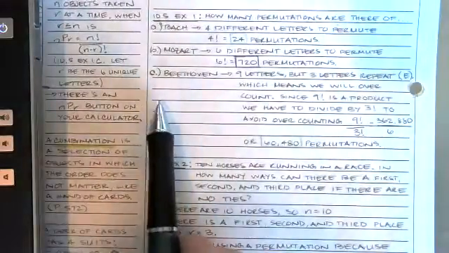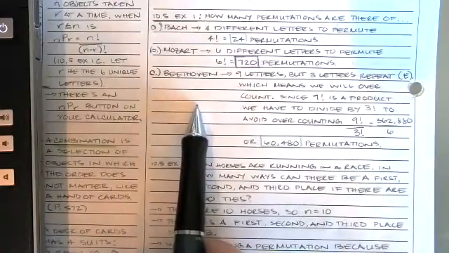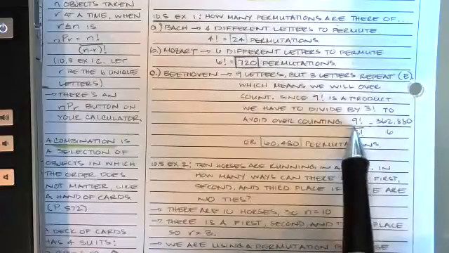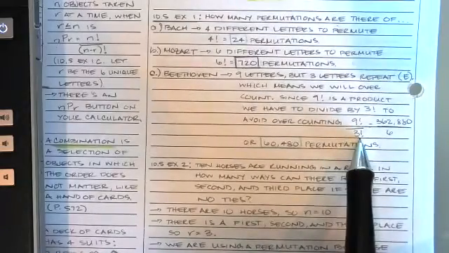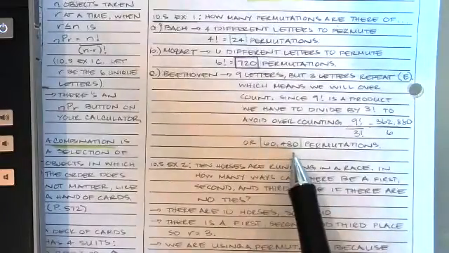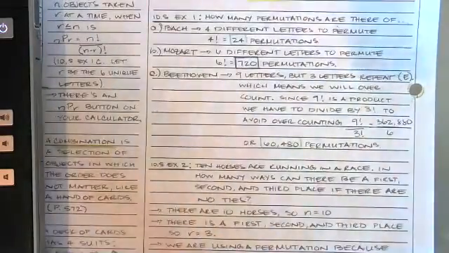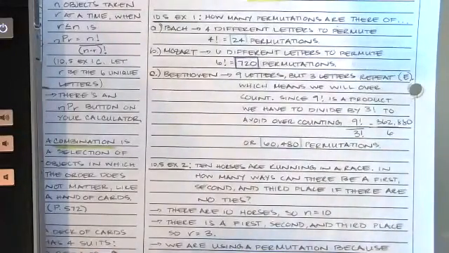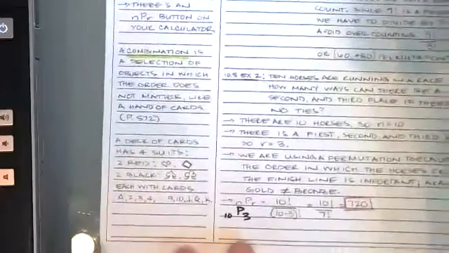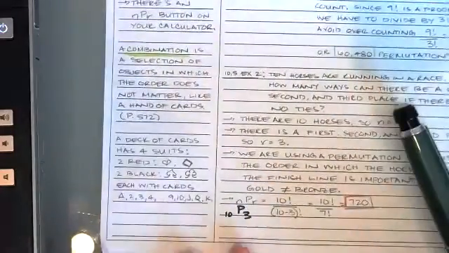So the factorial is going to be 9 times 8 times 7 times 6, but 3 of them were overcounting, so we have to divide by that amount. So we end up with 60,480 permutations of the letters of the name Beethoven. Are we okay with that? Yeah. All right.